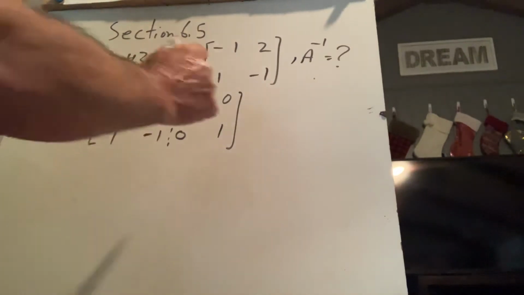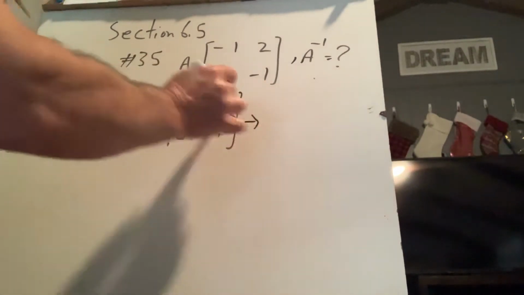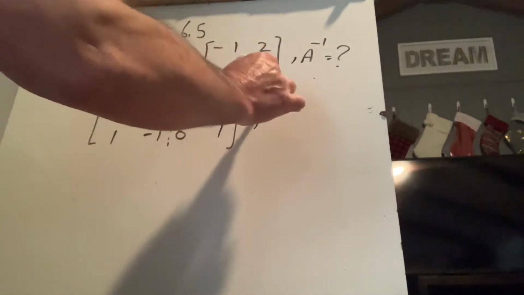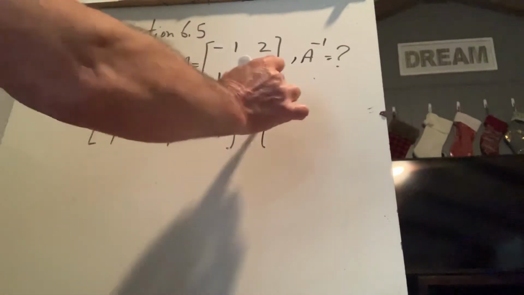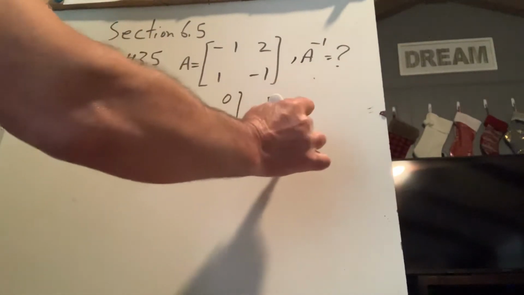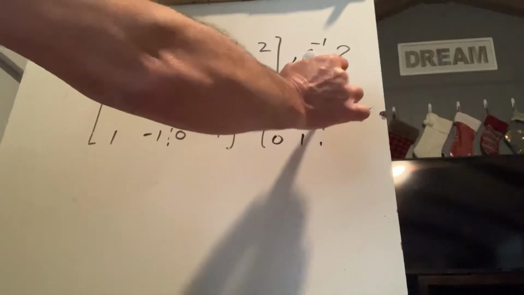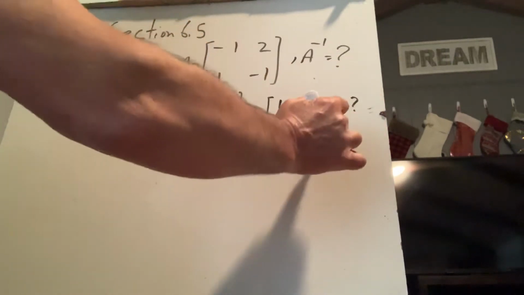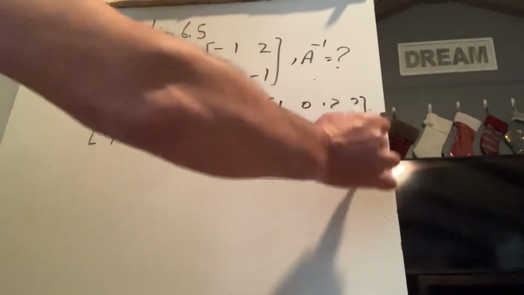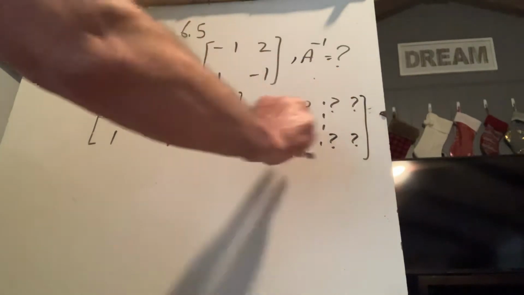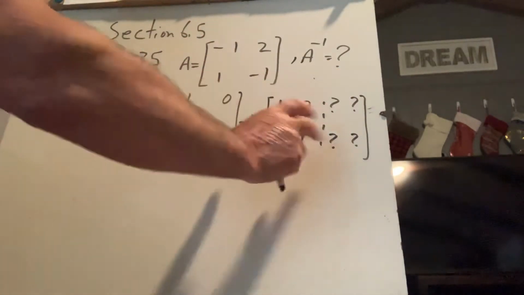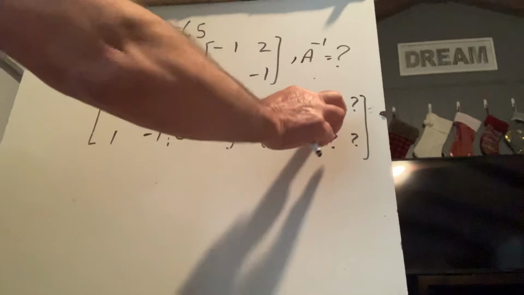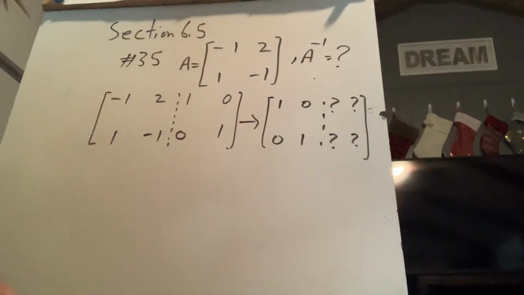Our task is to take this augmented matrix and change it so that the identity goes on the left, and whatever four numbers we get on the right-hand side, I'm just going to put them as question marks right now, those four numbers will form your inverse. Once you get the augmented matrix into this form, those four numbers give you the inverse of your matrix.